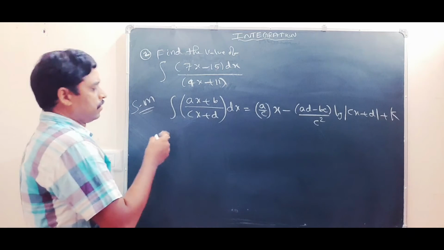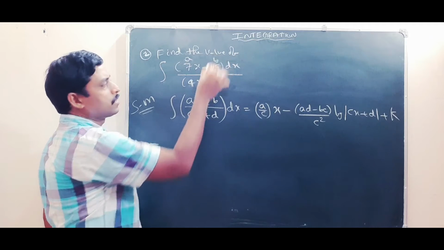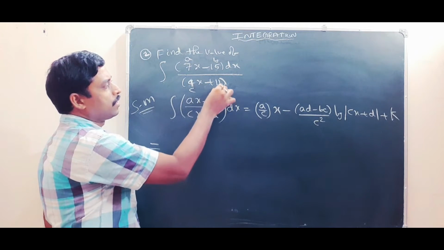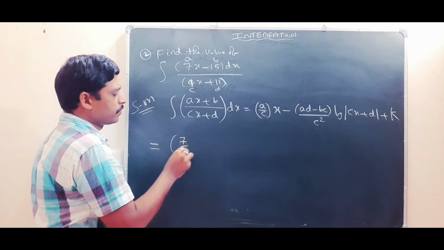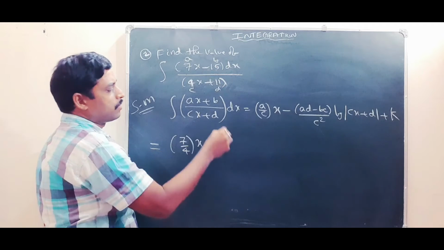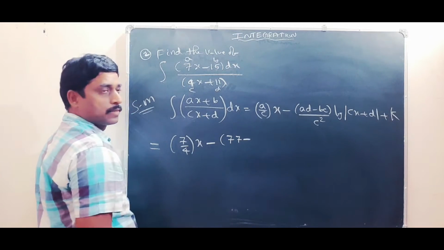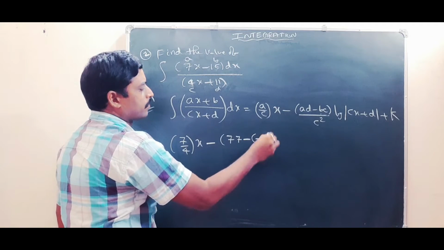Okay, now where ABCD values are A is 7, B is minus 15, C is 4, D is 11. Okay, it is going to be 7 by 4 into x minus AD minus BC. 7 11 is 77 minus BC. 4 times minus 15 is minus 60.